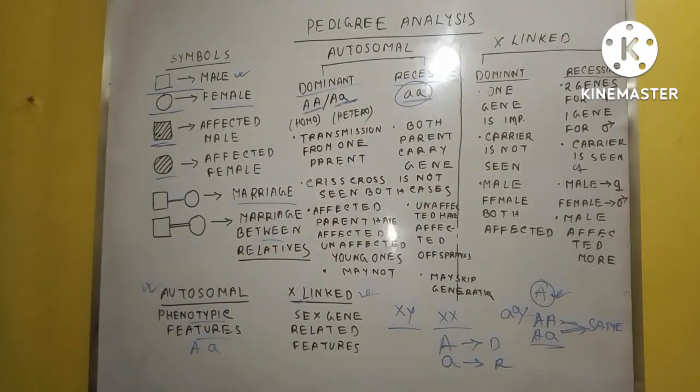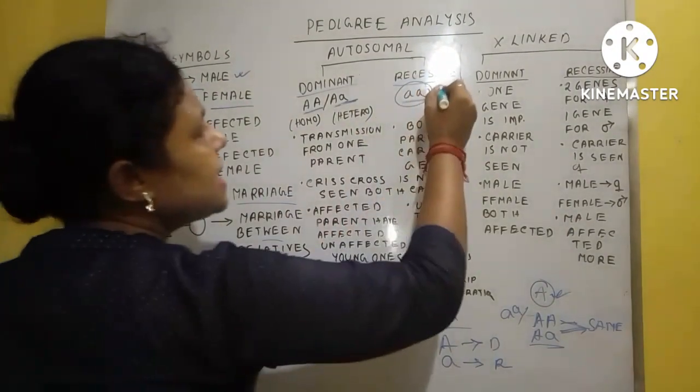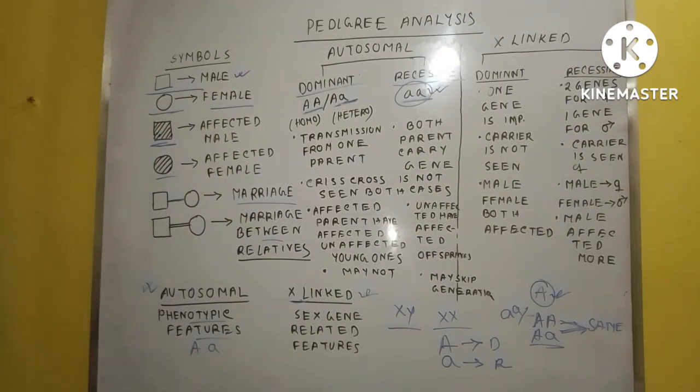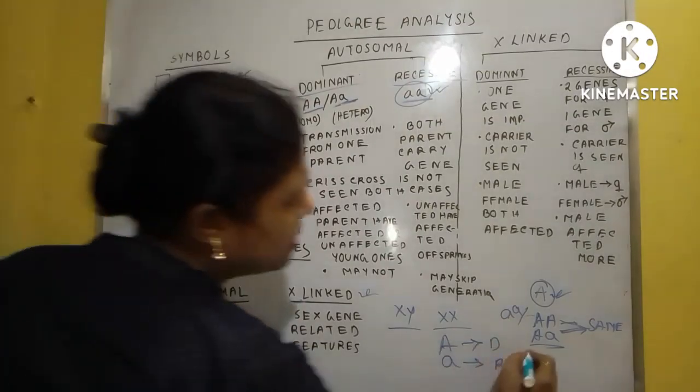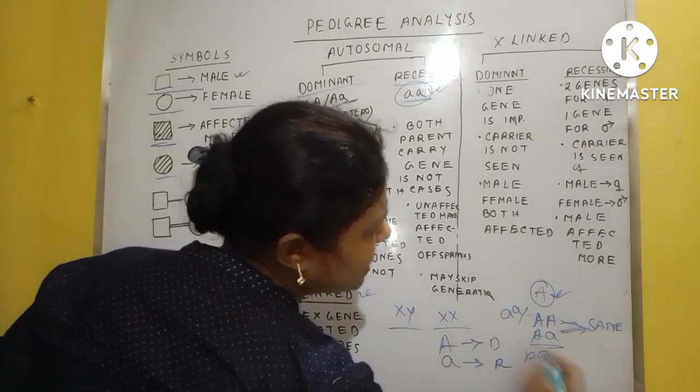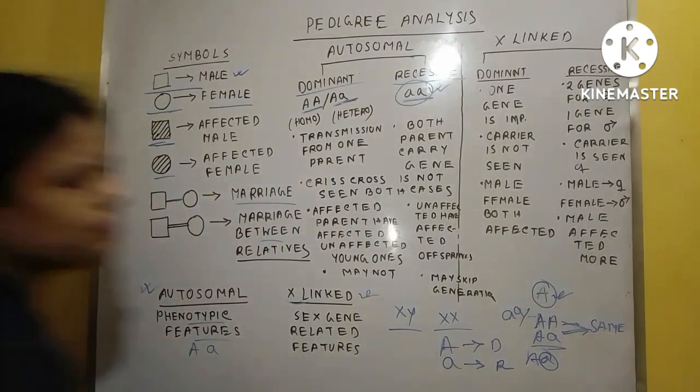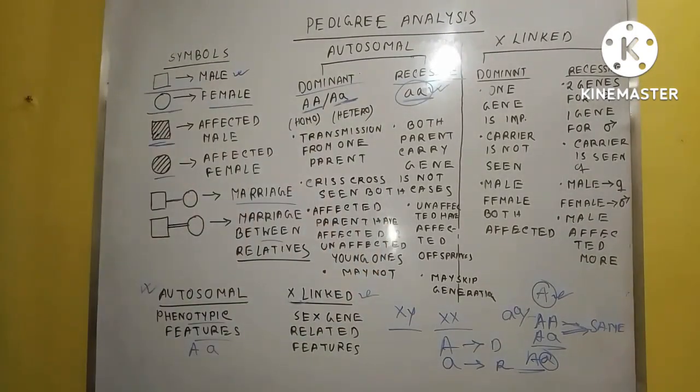When this suppressing character remains in the homozygous form, it sometimes shows its feature. But if it remains in the other situation, it is already suppressed by capital A, the dominant gene.